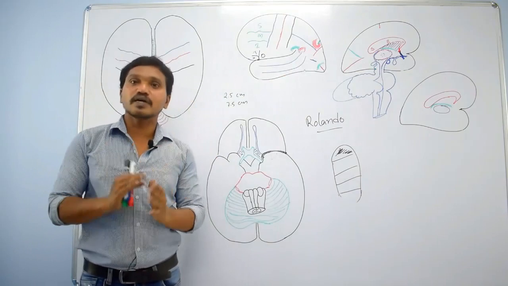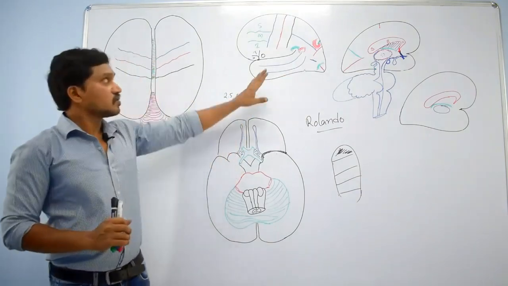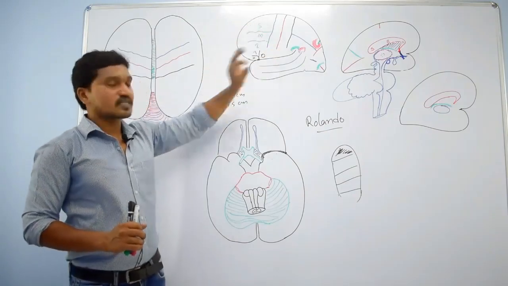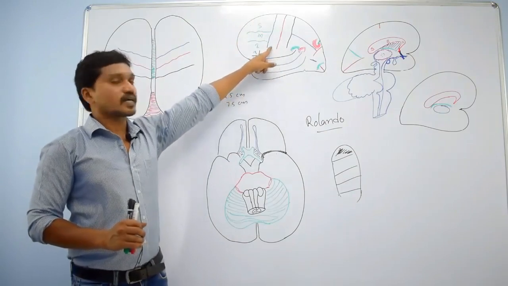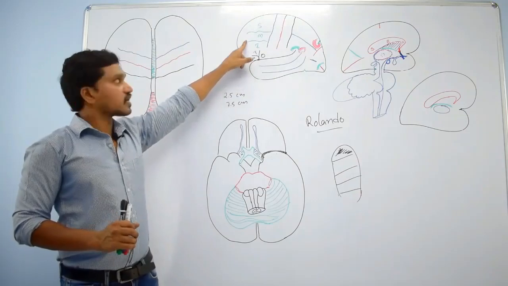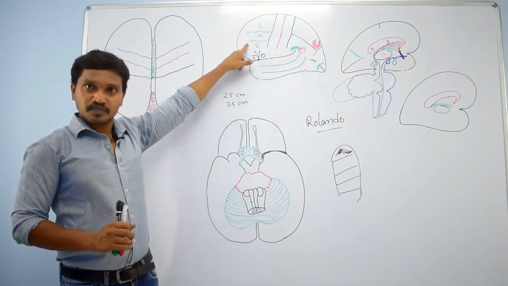This is a very, very important essay question, right? So this is the frontal lobe, with different sulci and gyri. Fast revision: central sulcus, precentral gyrus, superior, middle and inferior frontal gyrus because of the superior and inferior frontal sulcus, right?